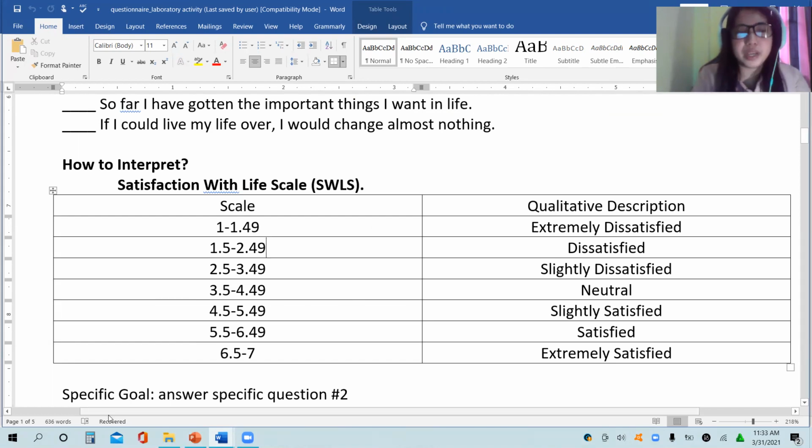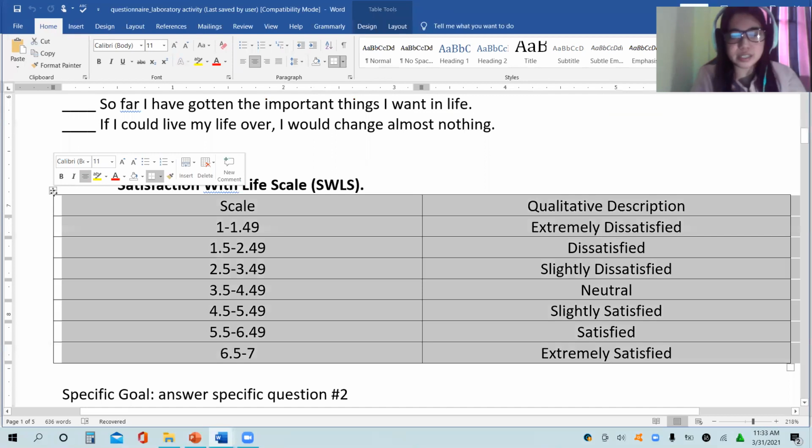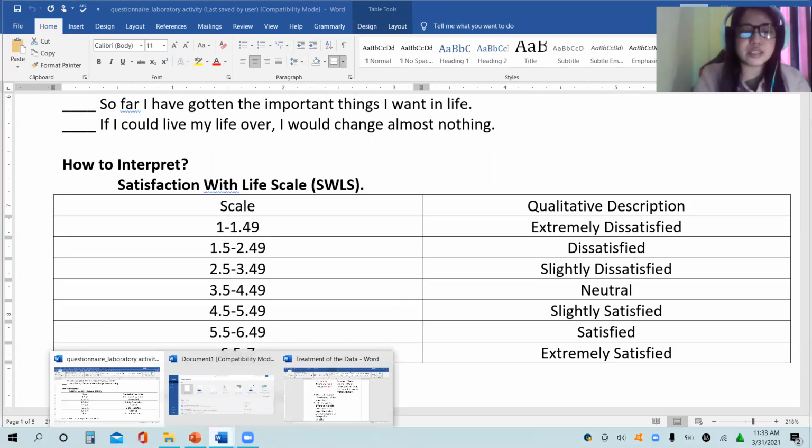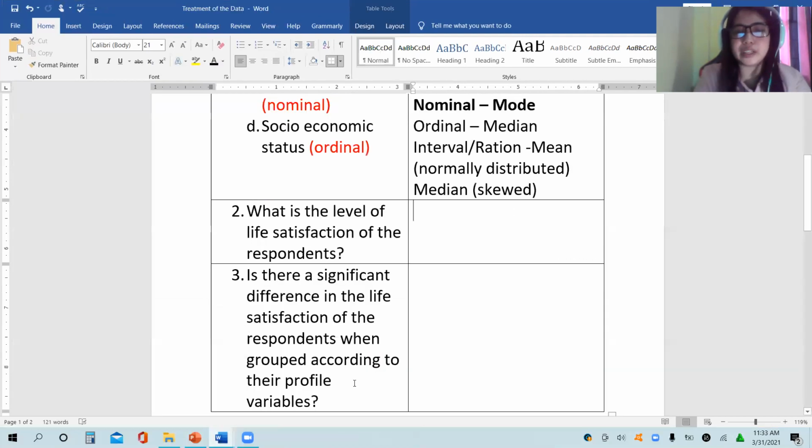After computing the mean, we were able to determine the level of satisfaction of the respondents. So we actually need this; it will serve as our guide for interpretation, and this must also be reported under the treatment of the data.